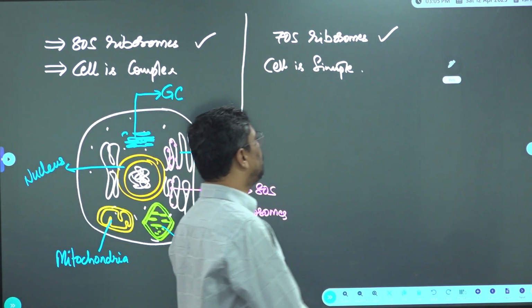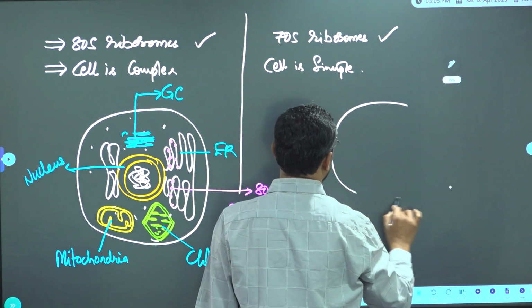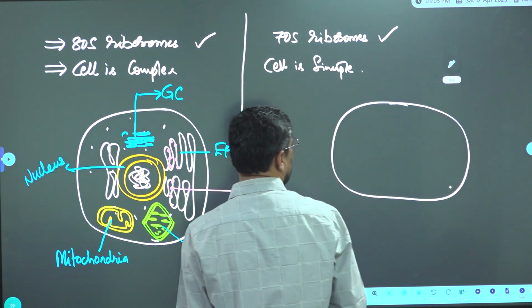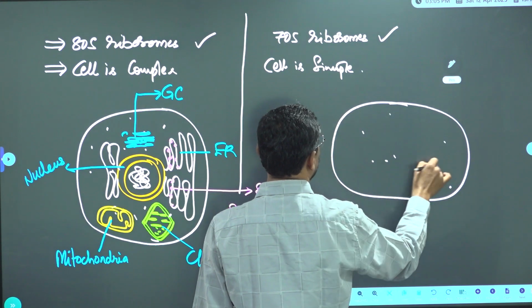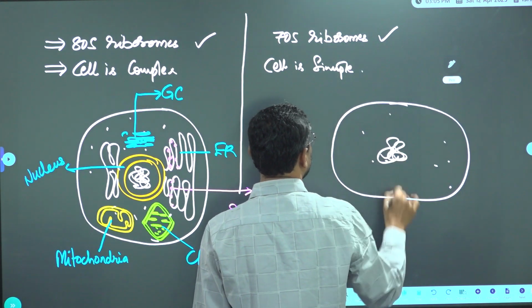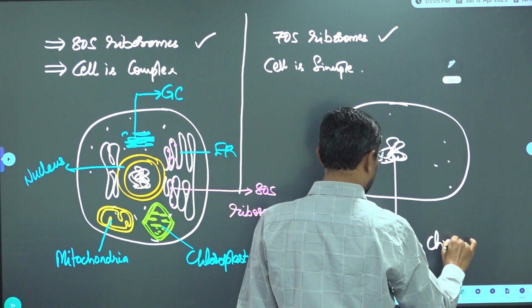But if you observe the prokaryotic cell, say this is a bacterial cell, simply cytoplasm is present and the nucleus is present, that is, chromosomes.